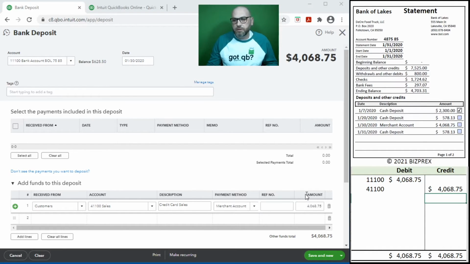So this amount right here, $4,068.75, is a credit to account 41,100, and it's a debit, the same amount because we only have one line, to account 11,100. Because it's an asset, it's going up by this. And revenue sales go up by this amount, which is identical in this case. Anyway, let's move forward, saving new.